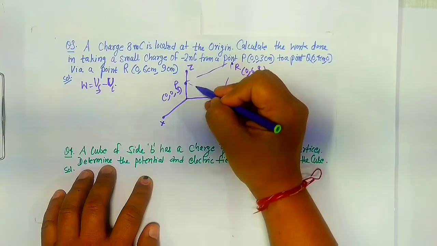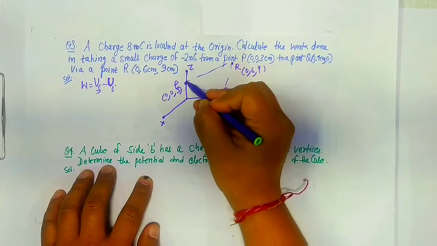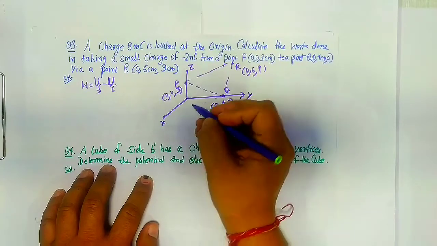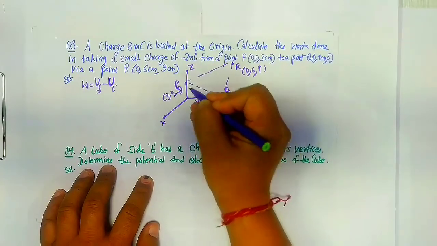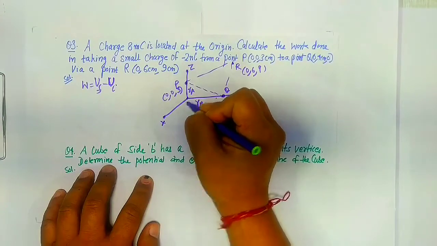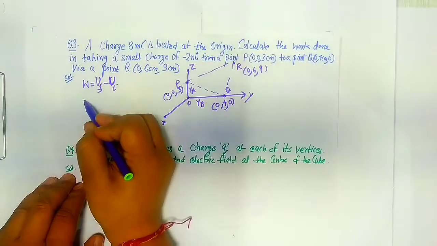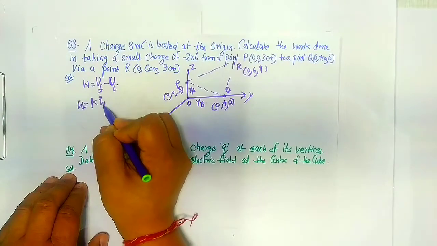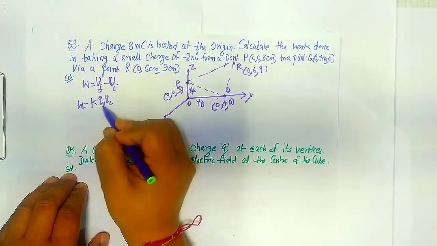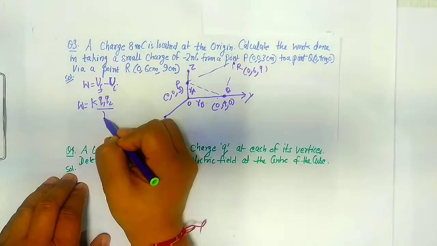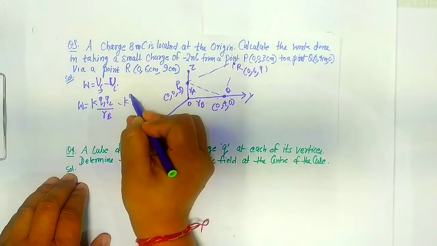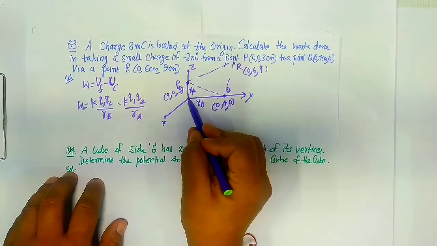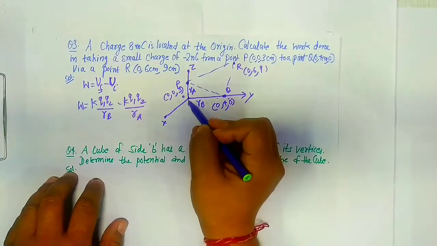But do you know the work done depends on the final and the initial distance. This is the final distance and this is the initial distance from the origin. So what will be the work done? I think all of you know K Q1 Q2 by RB minus K Q1 Q2 by RA, where RB is the final distance from the origin and initial is RA.